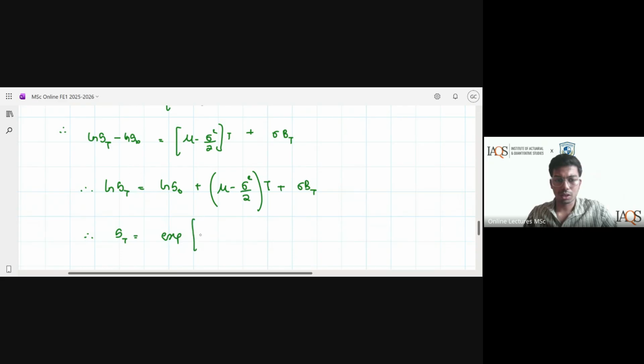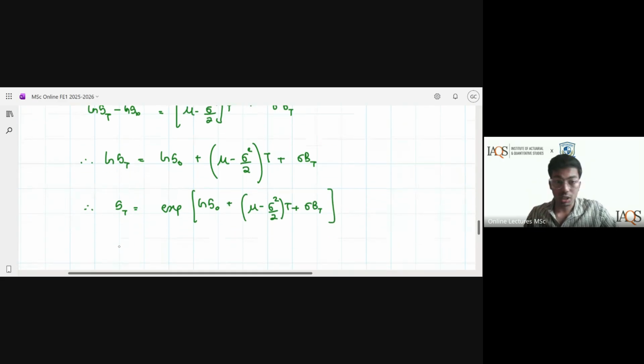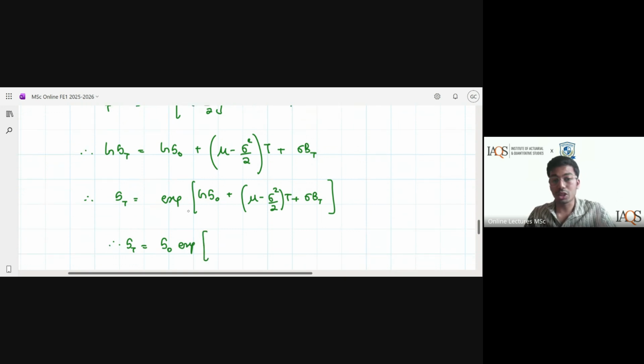What am I left with? e raised to ln S0 plus (mu minus sigma square by 2)t plus sigma Bt. This is one of the equations. I can write this equation also as St is equal to S0 into exponential, because e raised to ln of x is x. So can I write this as exp((mu minus sigma square by 2)t plus sigma Bt)?